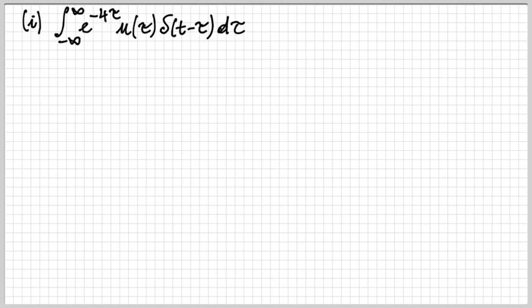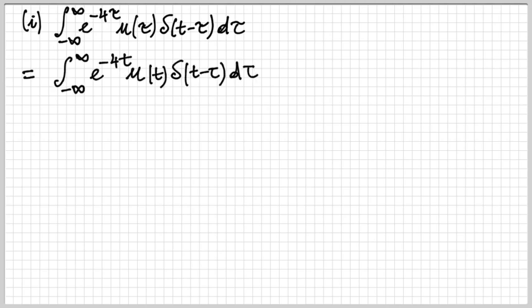How to do that? Again, I apply the sampling property of the delta, which means that because these are functions of tau, because it's an integral in d tau, I need to look at delta of t minus tau as a function of tau. And so it's basically an impulse centered at tau equal t. That means that I need to evaluate e to -4 tau and u of tau at tau equal t.